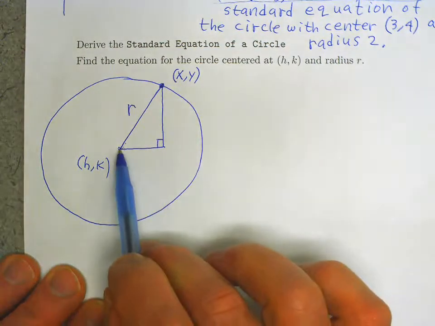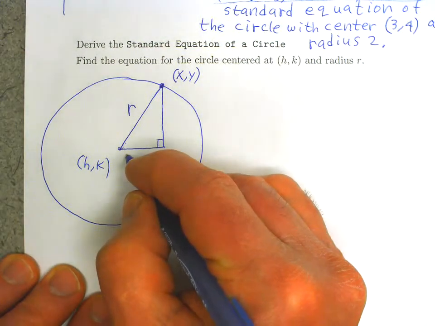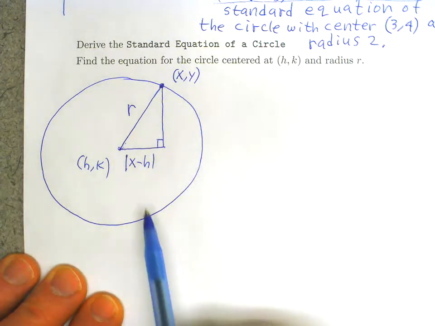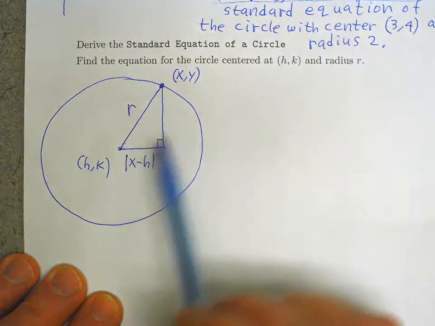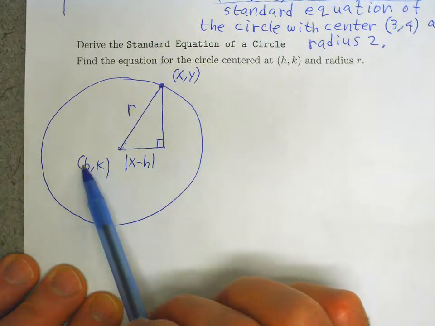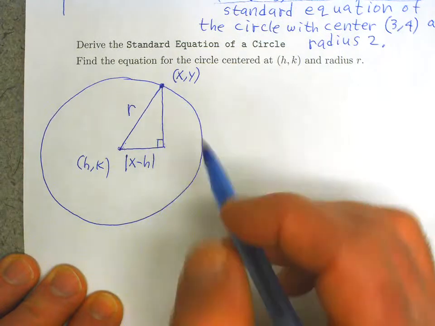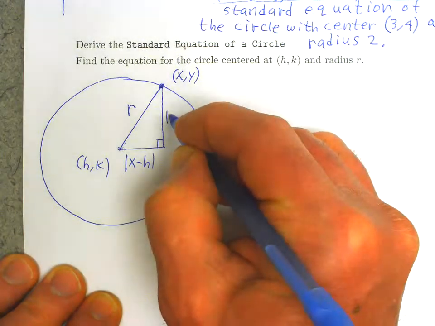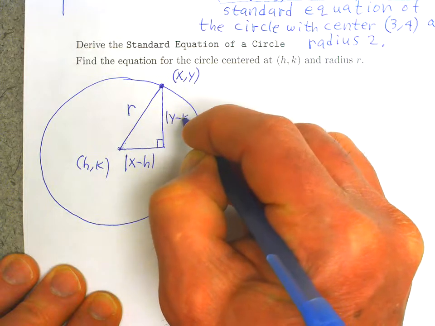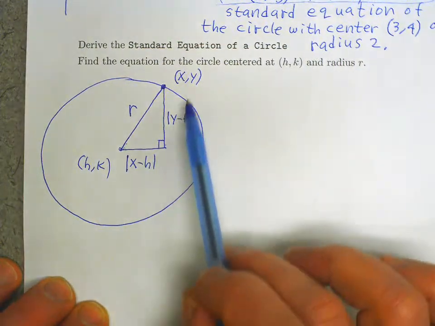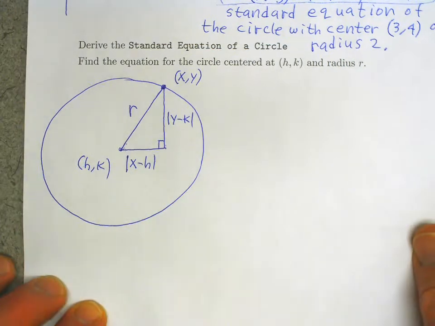The length of the horizontal side is the absolute value of x minus h. It's the absolute value of the difference in the x coordinates. The length of the vertical side of that right triangle is the absolute value of y minus k. It's the absolute value of the difference in the y coordinates.